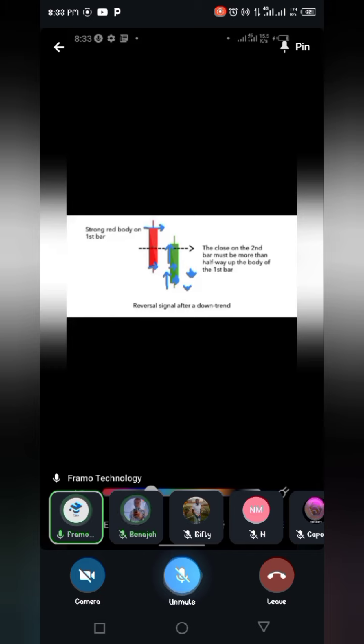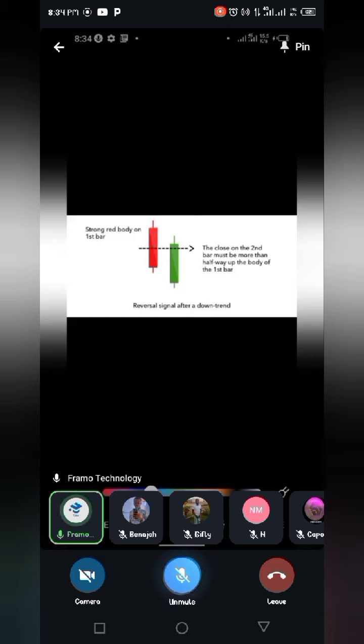Okay, I believe the rest of you got the gap well. With the piercing line, I said we should have two strong candles, one red, one green. But the green that follows should be able to pump enough to close at least half of the previous red candle.